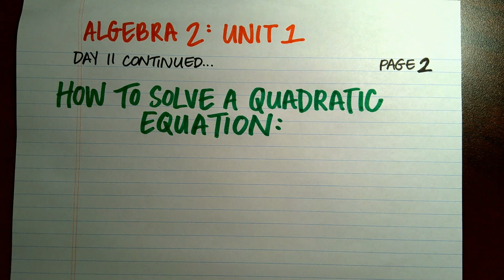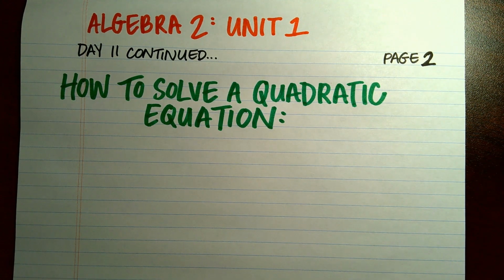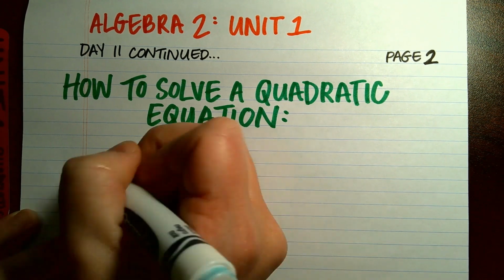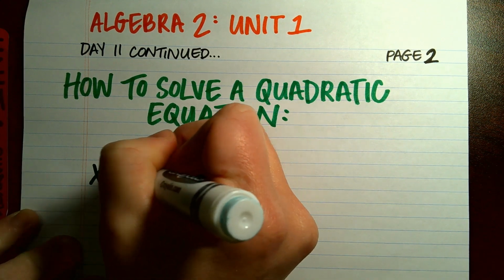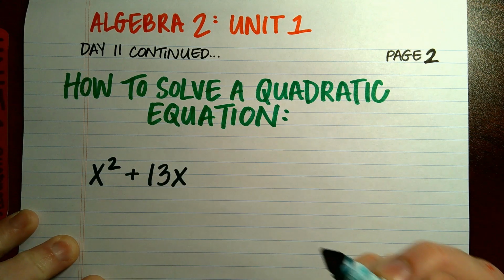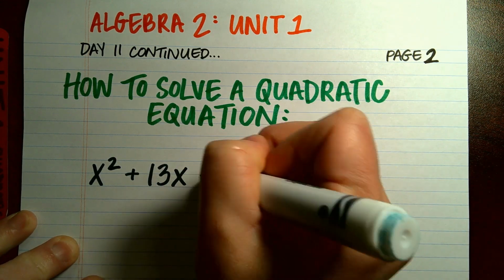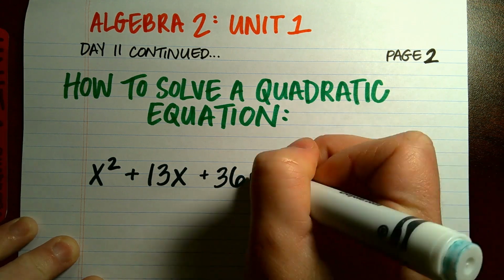Let's solve a quadratic equation. I always like to give you number examples for guides that we make. So here's going to be our example problem: x squared plus 13x plus 36 equals 0.